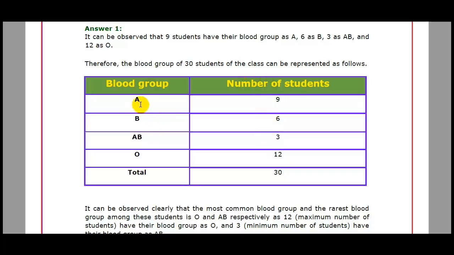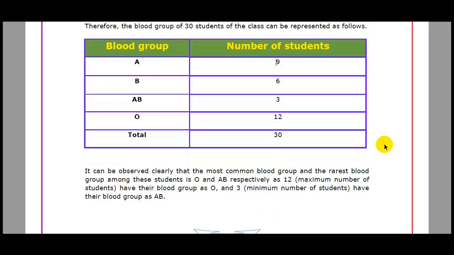Blood group A has 9 students, blood group B has 6 students, AB has 3 students, and blood group O has 12 students. In this way you can prepare your frequency distribution table.